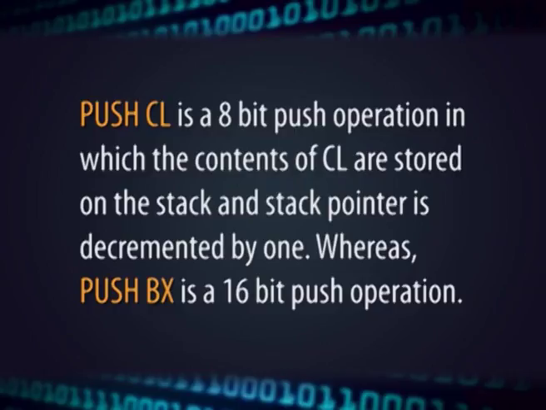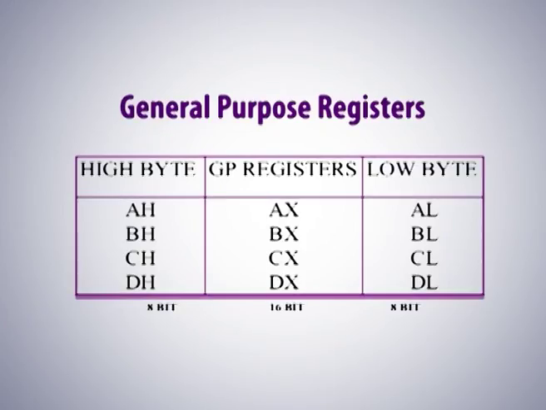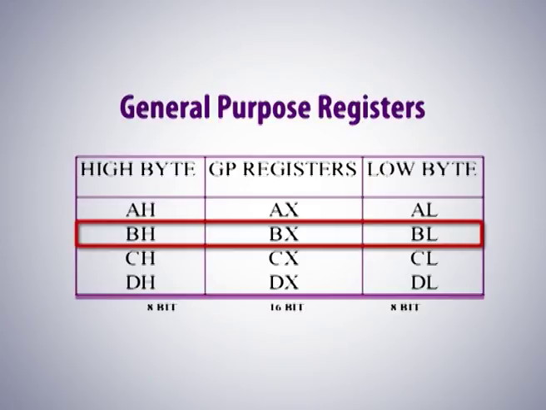Whereas, a push BX is a 16-bit push operation. The higher order 8 bits of the register BX are stored first, followed by the lower order 8 bits of the register BX, which are BL. In all, the stack pointer after the push BX instruction is executed is decremented by 2, because we are storing 2 bytes on the stack.